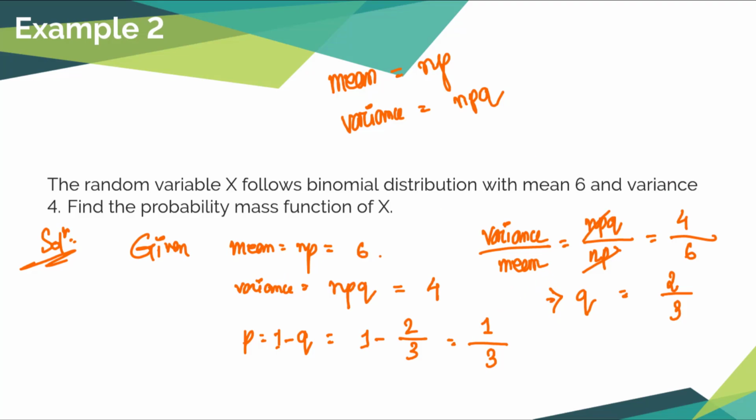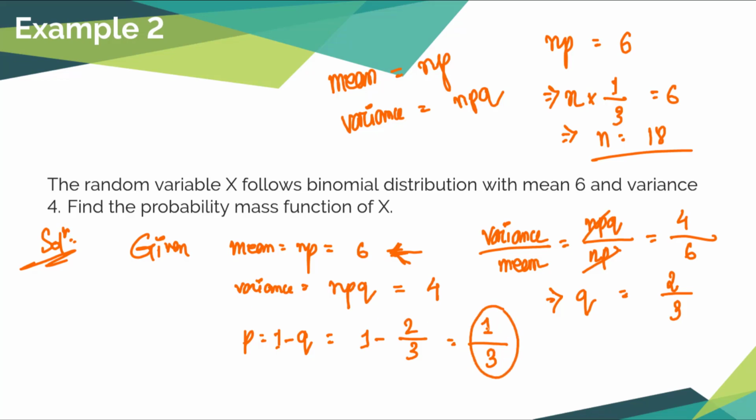You can simply put the value of p in this relationship. np is given as 6, so n into 1 upon 3 is 6. If I cross multiply, I get n equal to 6 times 3, which is 18, right? So our n is 18 and our p is 1 upon 3.